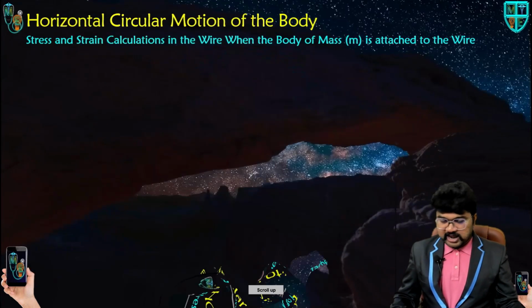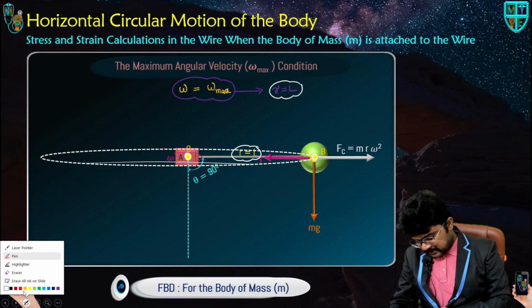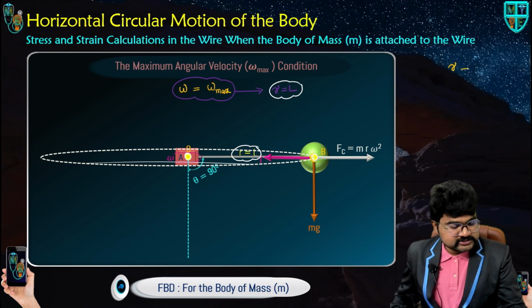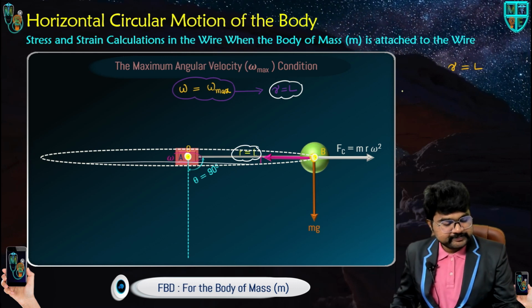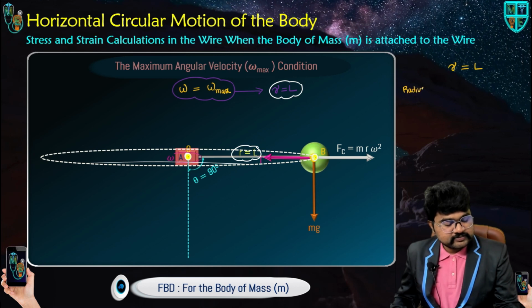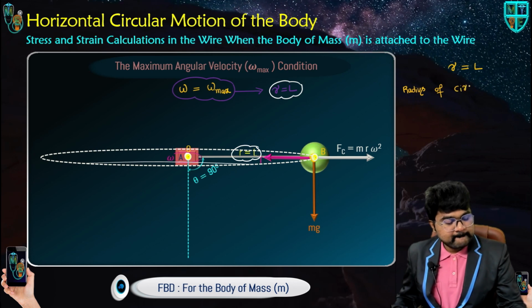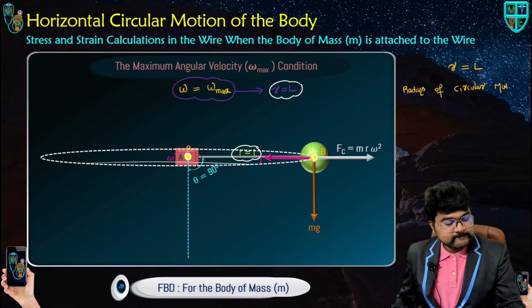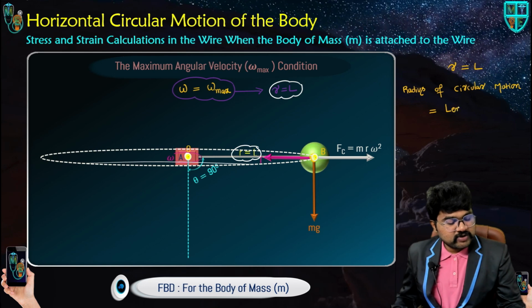At this condition, R becomes equal to L. At this particular condition, the radius of circular motion is equivalent to the length of the wire.